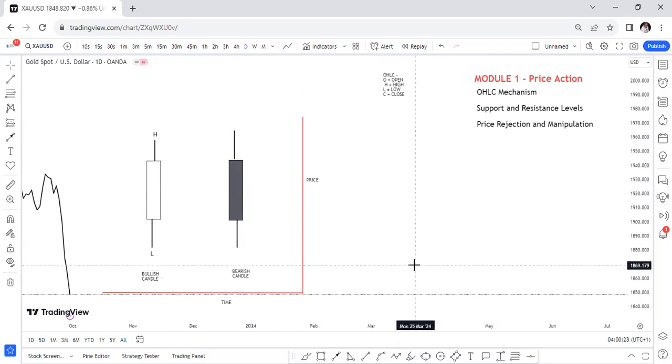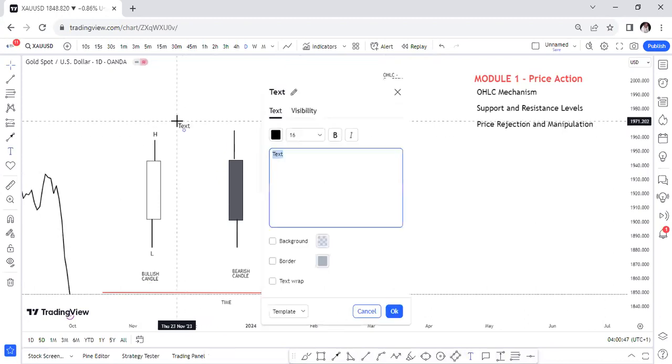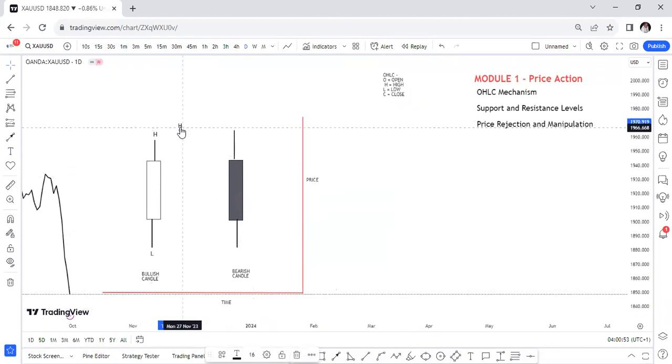So you must understand the language of the price action, so that you are not blindly spotted by the conventional way of interpreting the price action.